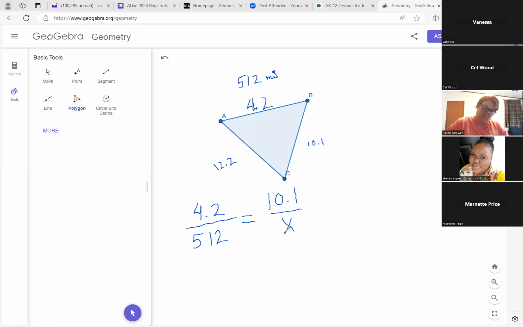And so then throughout the whole map, that same scale is used. So you can assume that it's proportional. It's like a 1 to 100 scale or whatever. In this case, it's a 4.2 to 512 scale. And so you can assume that that same scale will be used throughout the same map.